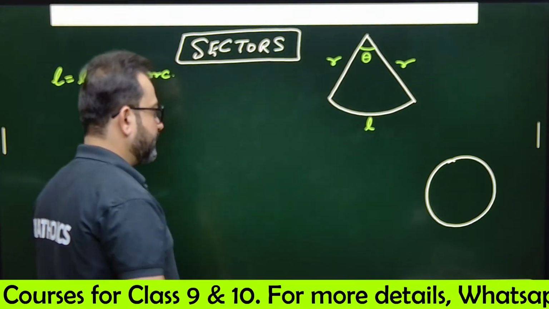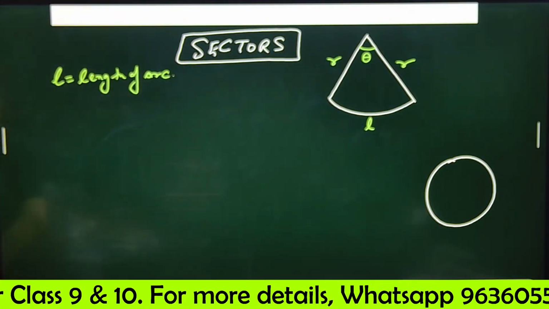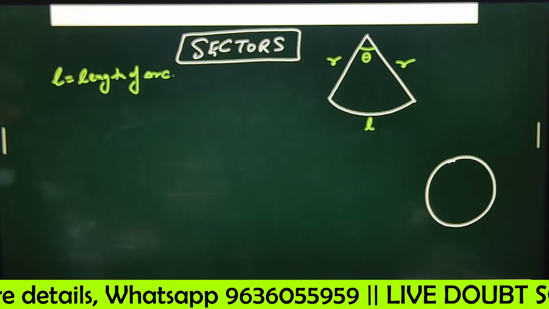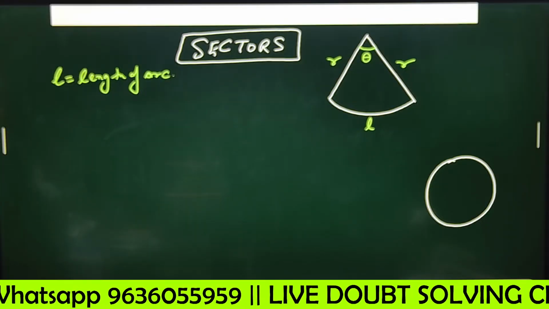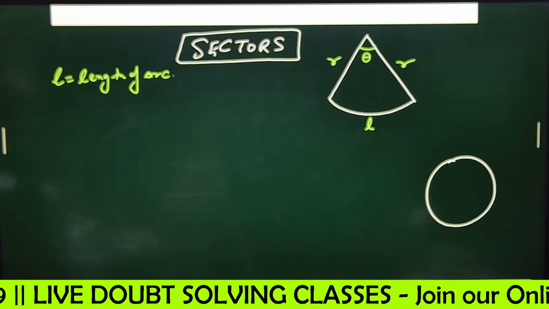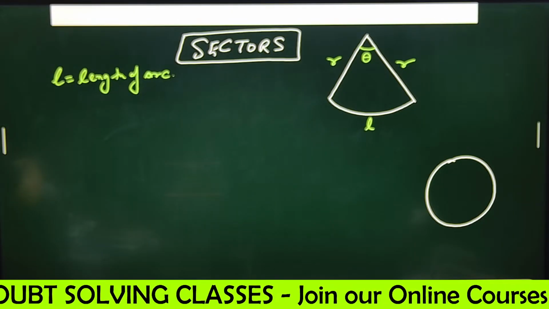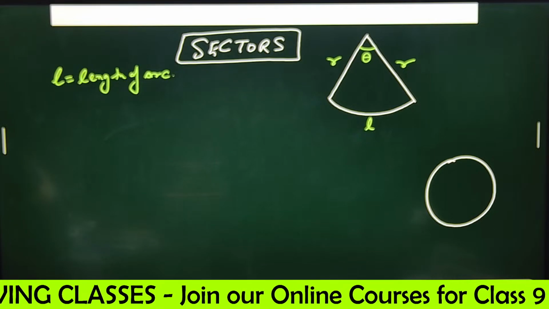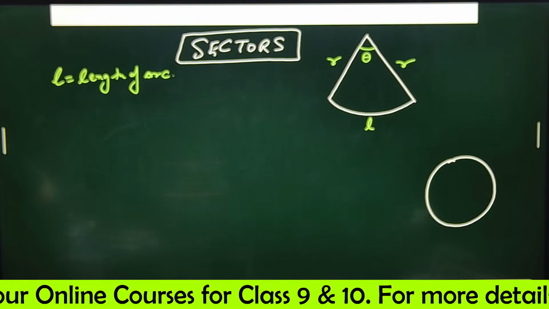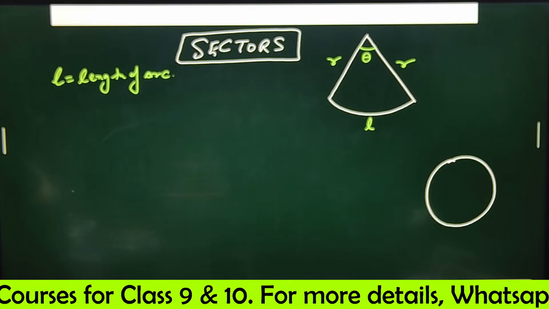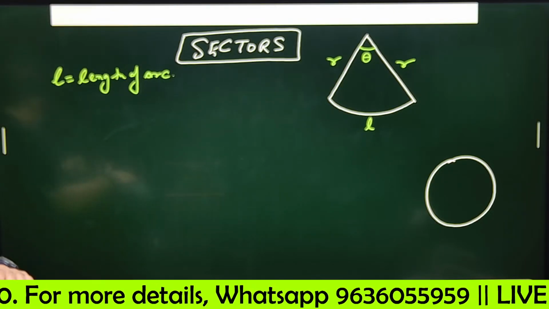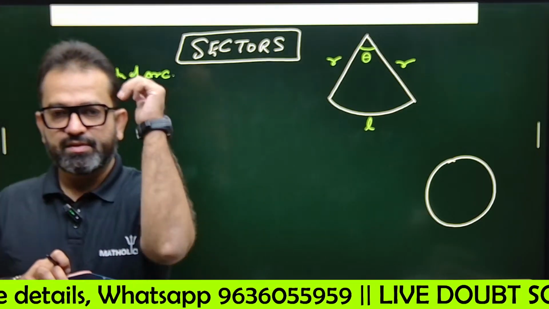Anyone? If this is a complete circle, what is the length of arc? Answer me. Third time I am asking. Point blank. And you guys are in class 10th, if I am right?